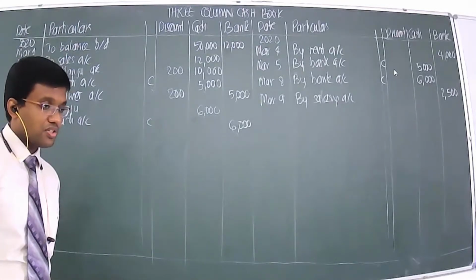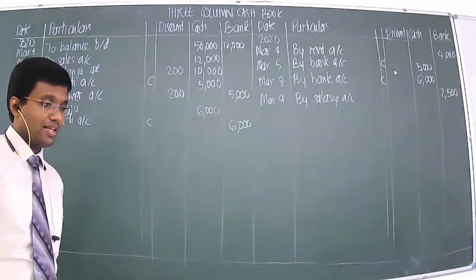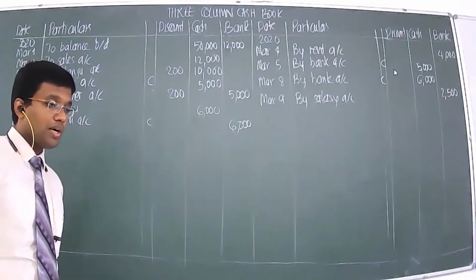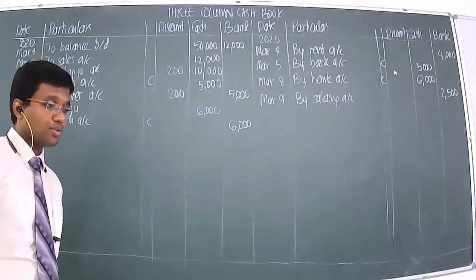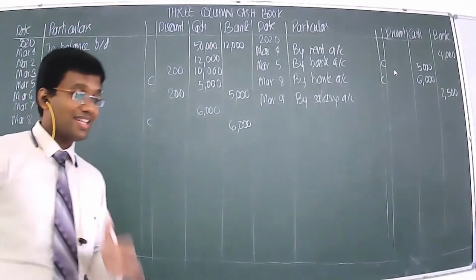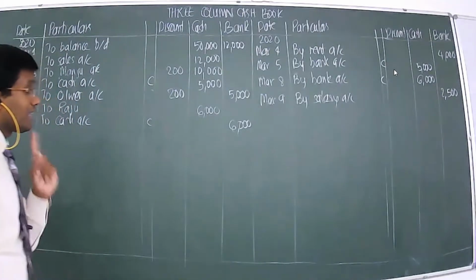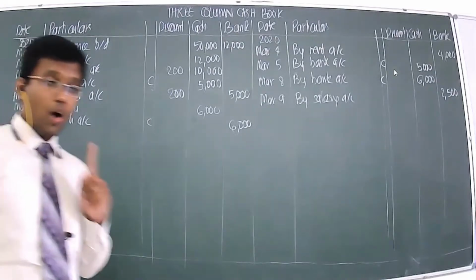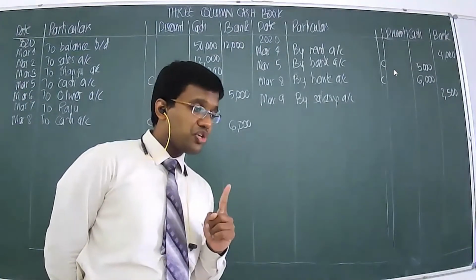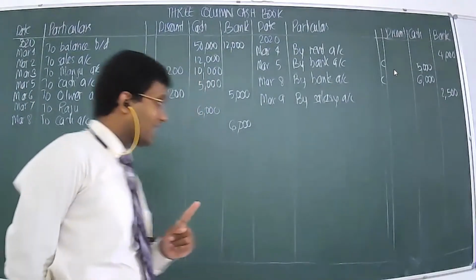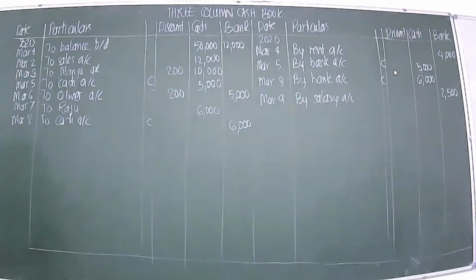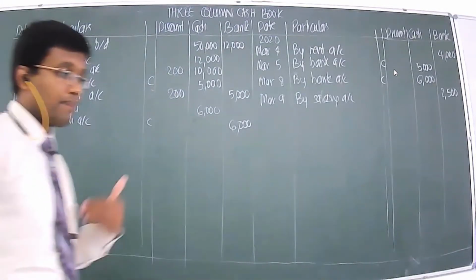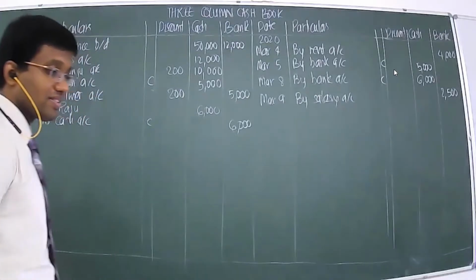Okay, now let's look at the transaction on March 10th. Linda paid rupees 6,000 towards full settlement of rupees 6,100, deposited the check into bank. So on 10th of March, Linda is paying you some money in the form of check, and you're depositing it to the bank on the same day.